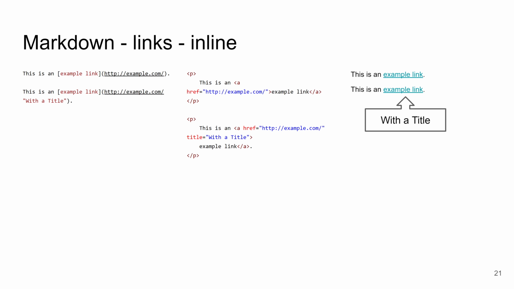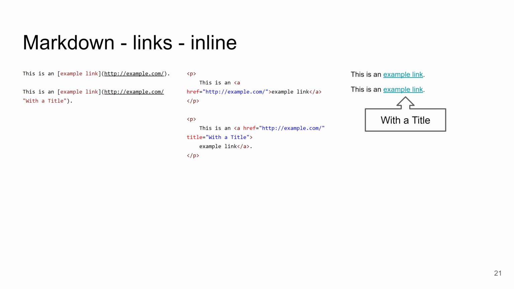Optionally, you can add a title, which then is displayed as a tooltip when you hover your mouse over that link in your web browser. So this is just different from HTML, but it doesn't save anything. It's just different. But what is important is that this is just one style of links in Markdown.